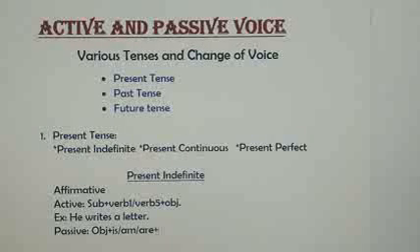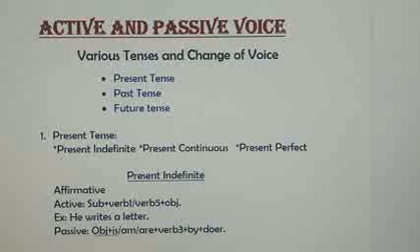After that we will use the third form of verb, as I have already told you in the previous classes that whenever we convert any sentence into the passive voice, we must use the third form of verb. Then after that we will put by, and we will use the doer of the action in the particular sentence. Okay, my dear children, there will be the object, after that is, am, are, then the third form of verb, after that we will use by, and then the doer.